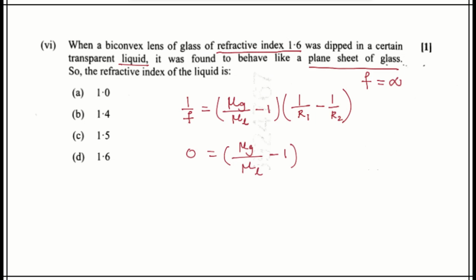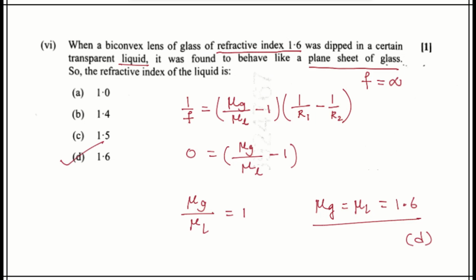So therefore we can clearly see that mu g by mu L equals 1. Therefore mu g is equal to mu L. In this case, mu g is already mentioned here, which is 1.6. So therefore mu L will also be 1.6, which is option D. So option D is our correct answer.